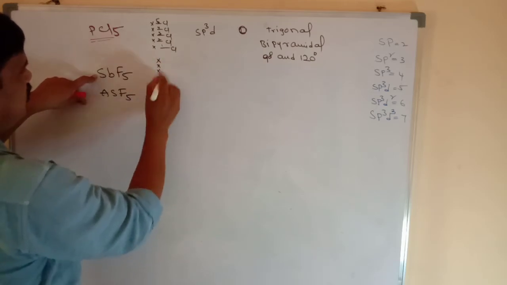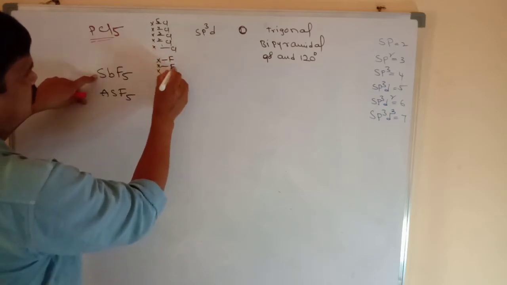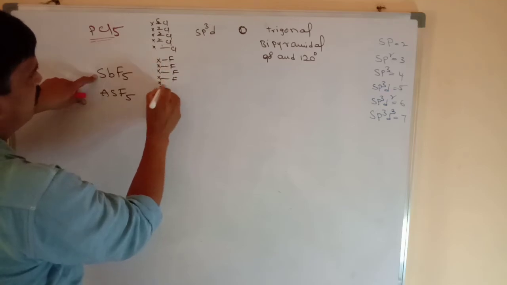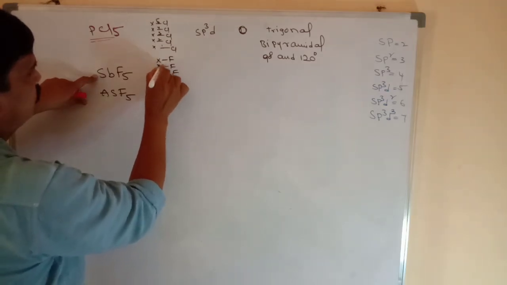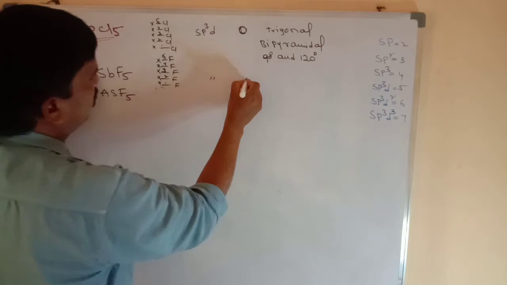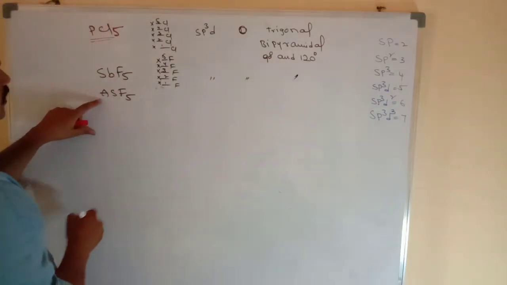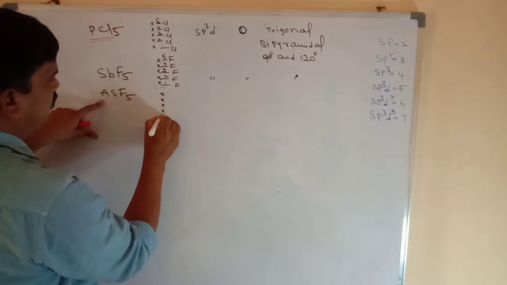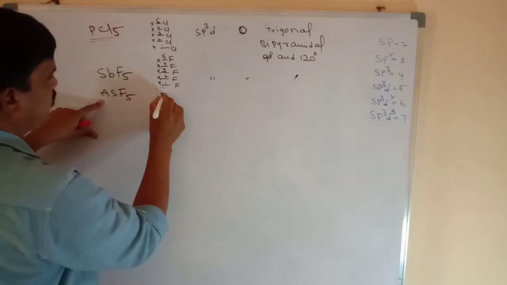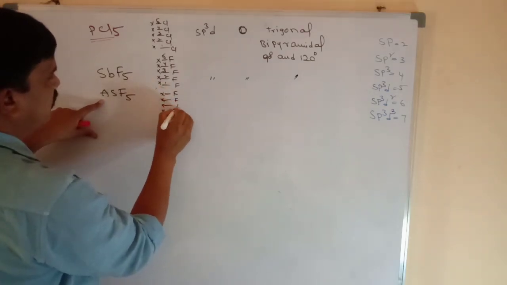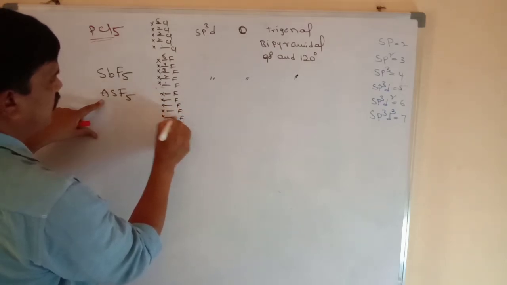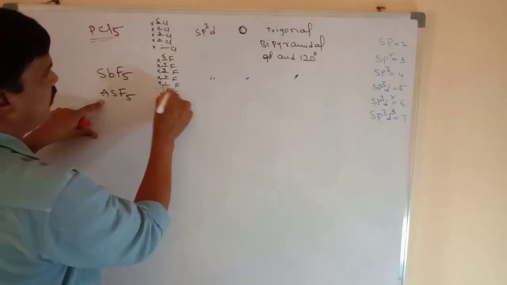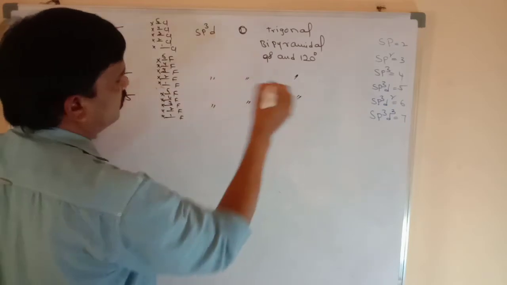Each dot corresponds to a fluorine, and the number of fluorines is 5: 1 2 3 4 5. Again sp3d with 0 lone pairs. Arsenic pentafluoride: arsenic belongs to the 5th group, which means 5 dots. 5 fluorines are there: 1 2 3 4 5. sp3d, 0 lone pairs, same.